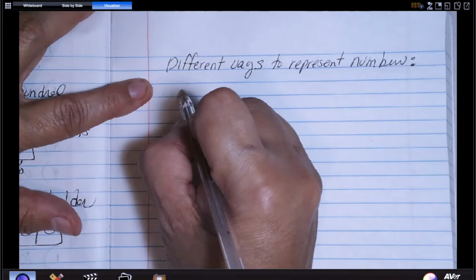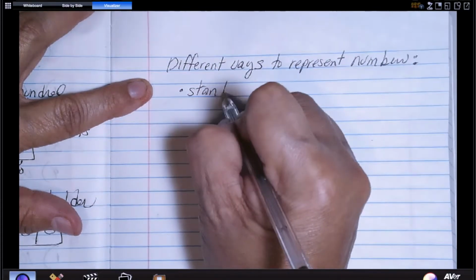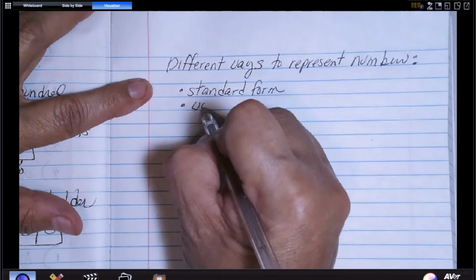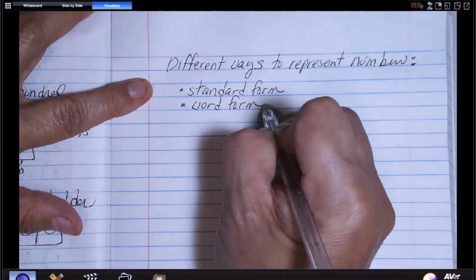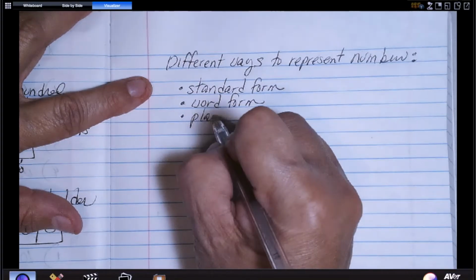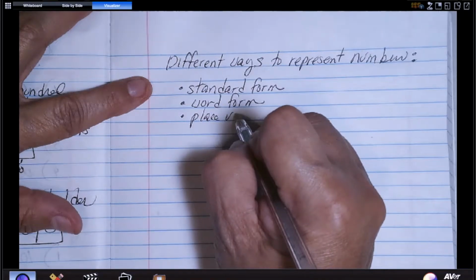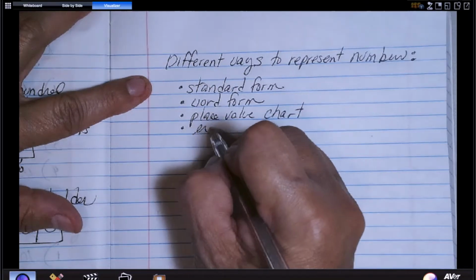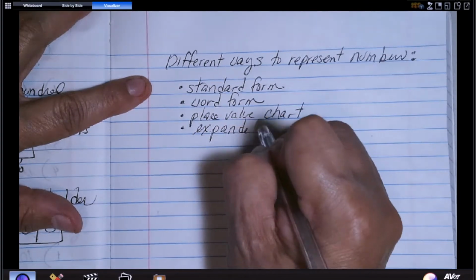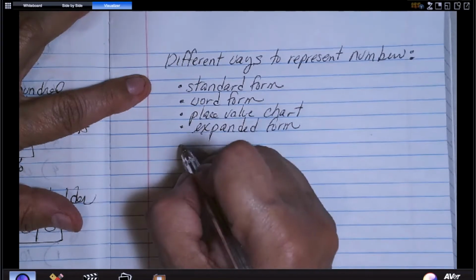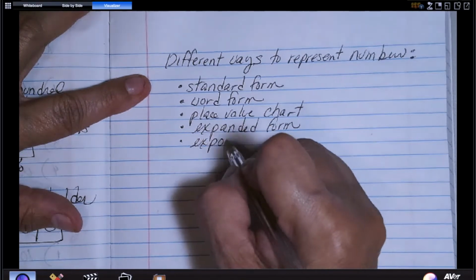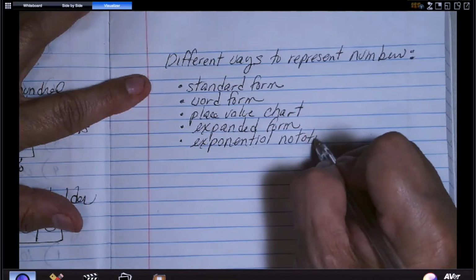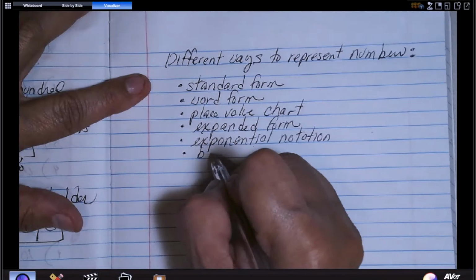Okay, so we have standard form, word form, we're going to use the place value chart, there's expanded form, exponential notation, and base 10 blocks.